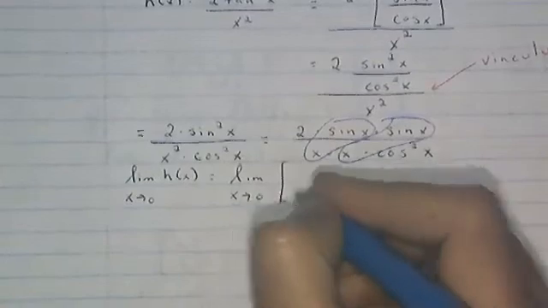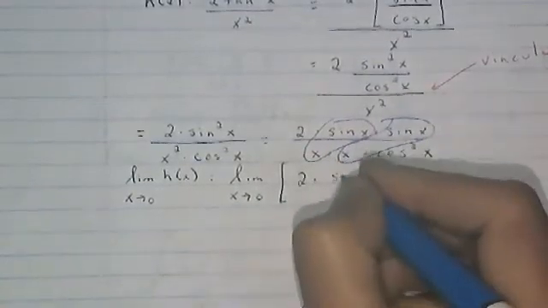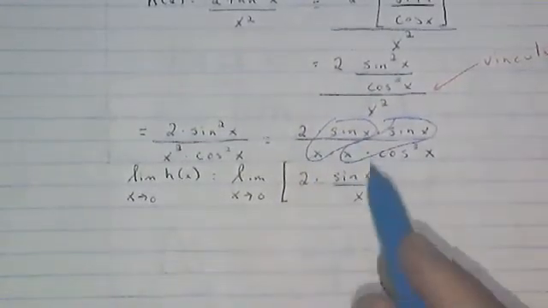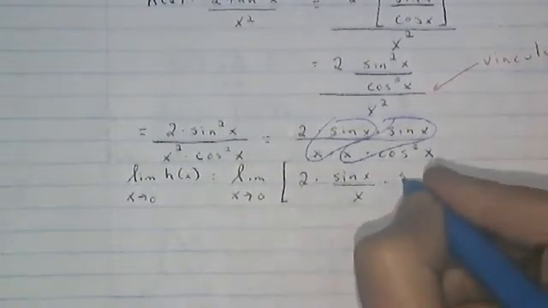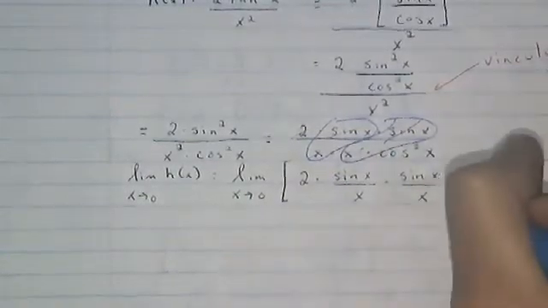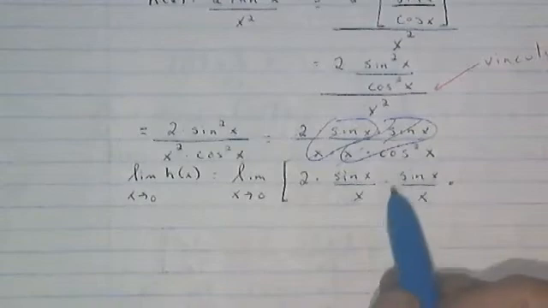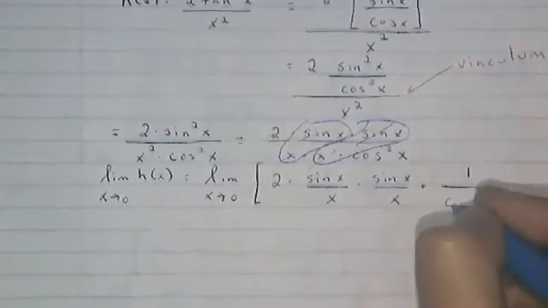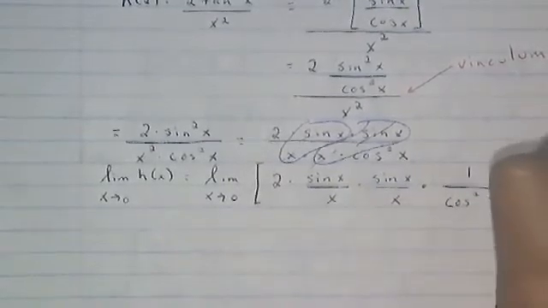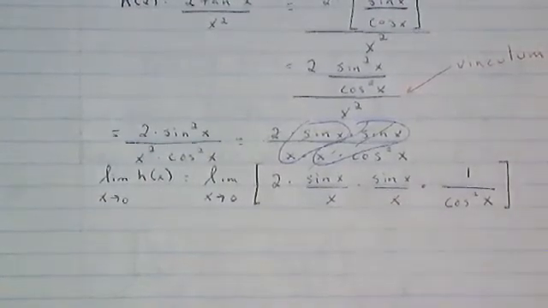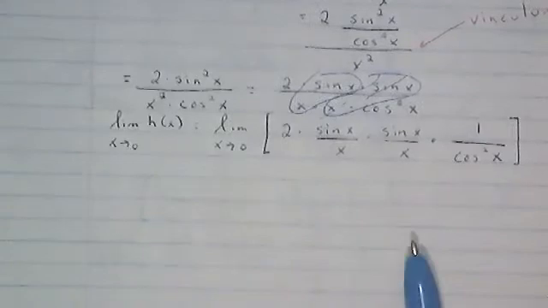This will be the limit of 2 times the sine of x over x, take care of that first one, times the sine of x over x, there's the second blue amoeba, times, well, I've still got the cosine squared x down in the bottom. So let's just call this 1 over cosine squared x. I heard somebody say, let's turn that into 1 minus sine squared x, but let's hold off on that. Let's just see what happens if we plug and play here.